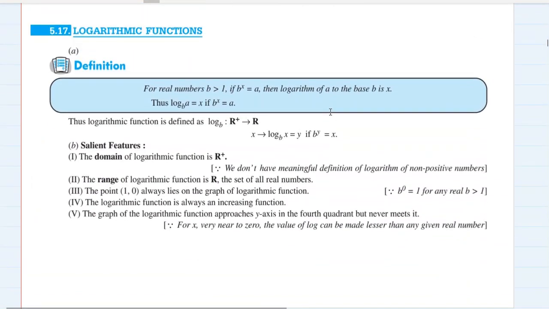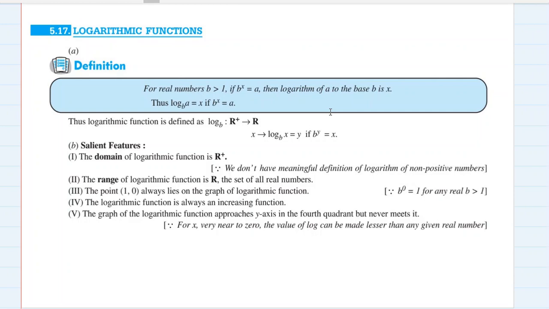Then comes logarithmic functions, which are inverse functions of exponential functions. Remember, logarithmic functions are inverse functions of exponential functions. If you have any doubts about logarithmic functions, exponential functions, their graphs, their domains, their range, I have a separate video in which I have explained exponential and logarithmic functions in detail.